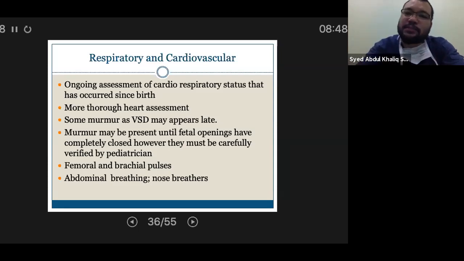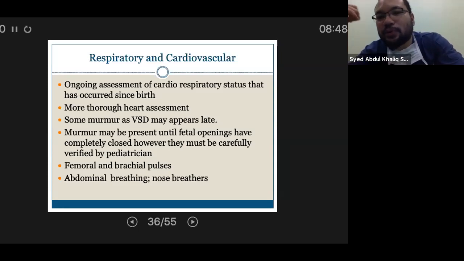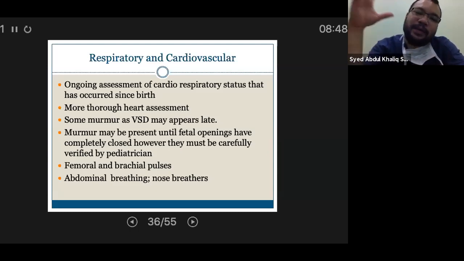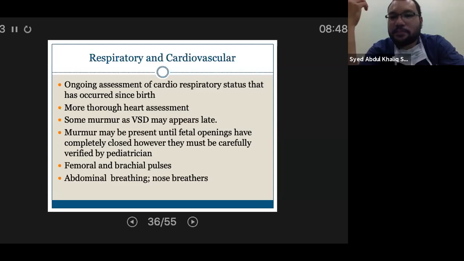Sometimes it takes time, up to 5 days for the PDA to close. That is why problems like tetralogy of Fallot or certain ductal dependent lesions only cause problems in the first 5 days, the moment the duct closes. So sometimes you can hear a PDA, but after 5 to 7 days it disappears.